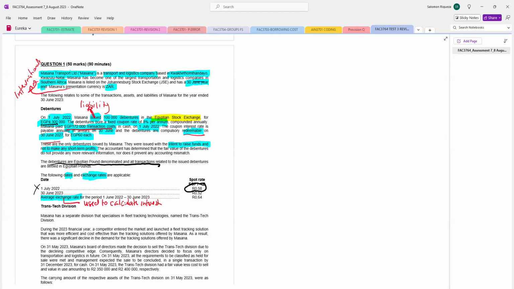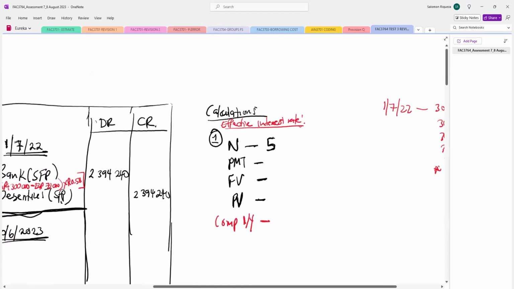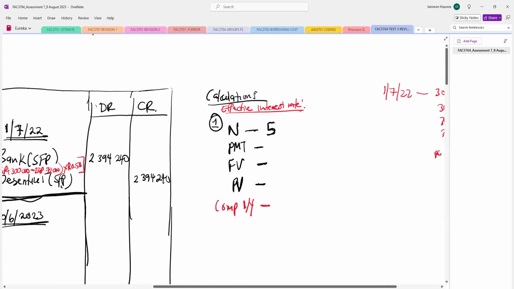Right. So we said we issued 100,000 debentures for 4.3 million and paid also transaction cost. So that will be my present value, right? The 4.3 million, that's the present value.